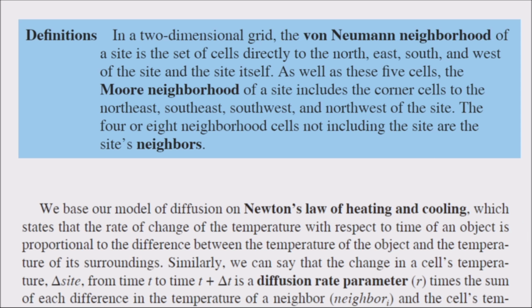So what this means is, Newton says this before: if you have one object here, and I have surrounding objects around it, the heat is going to go to them, right? The amount of heat is going to go.